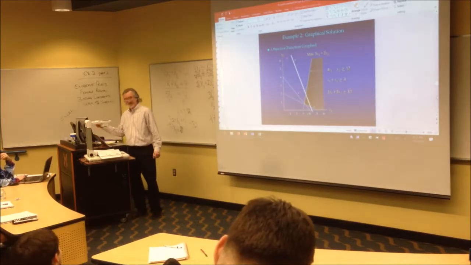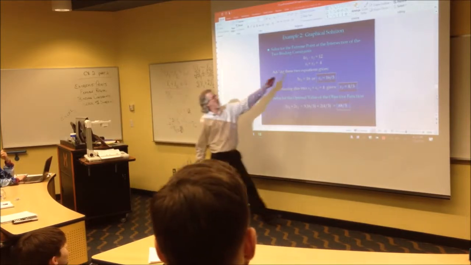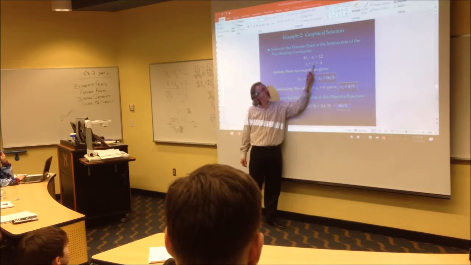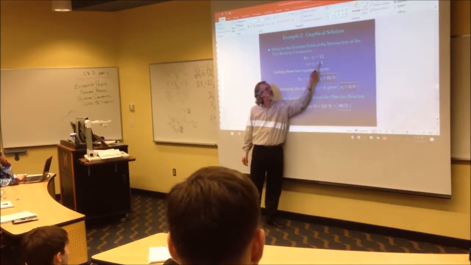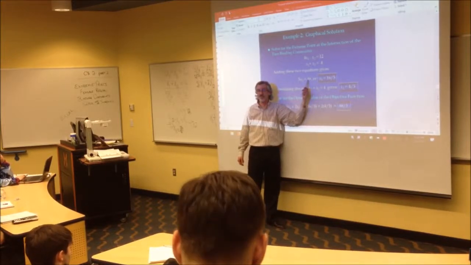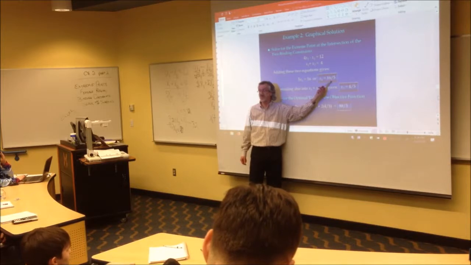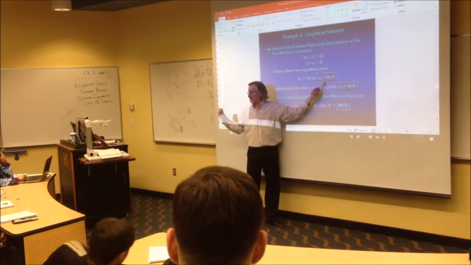Here it is. You ready? These are our binding constraints. You add them together, these two are gone. You end up with 5x1 equals 12 plus 4, which is 16. Now you can solve for x1. Divide both sides by 5. 16/5 is 3.2.